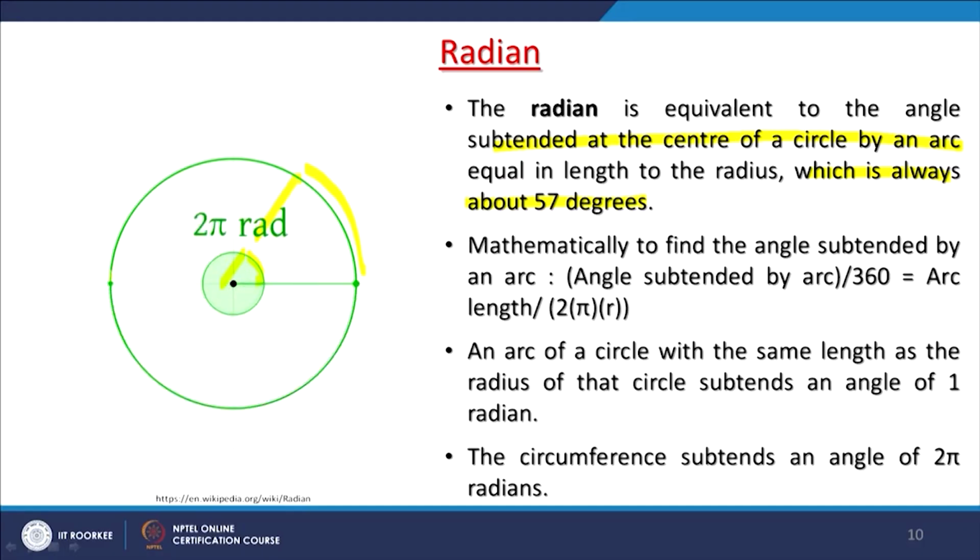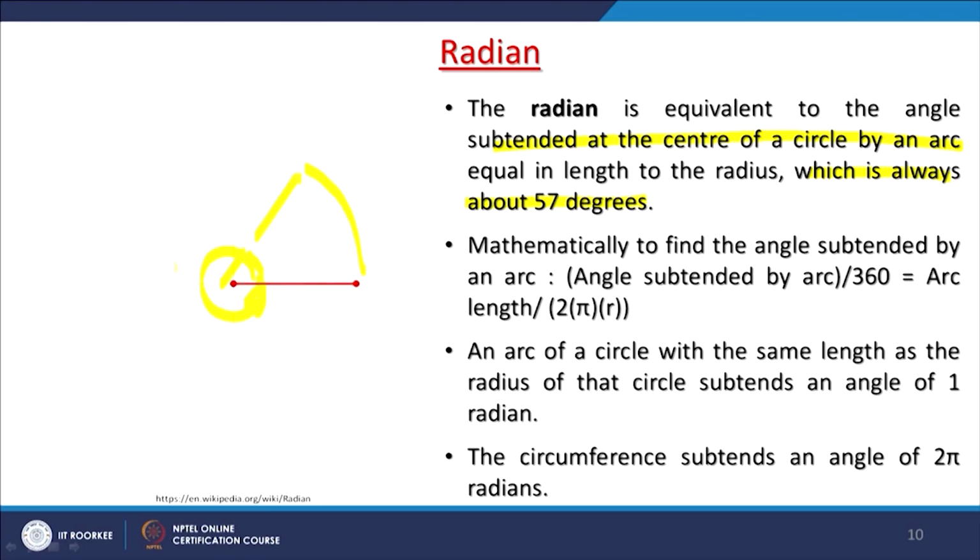Now, the whole circle becomes 2 pi, that means the half becomes pi and the whole one becomes 2 pi. Mathematically, to find the angle subtended by an arc, the angle divided by 360 equals arc length divided by 2 pi r.